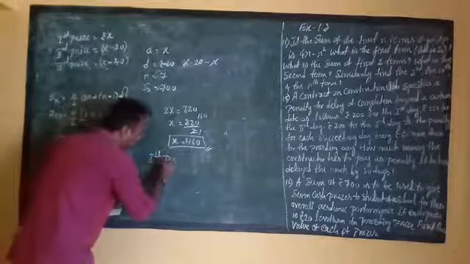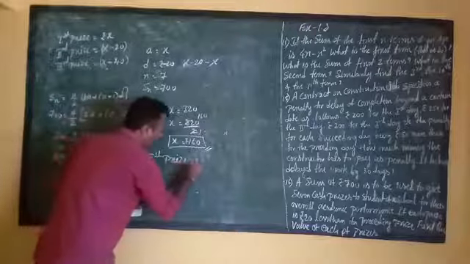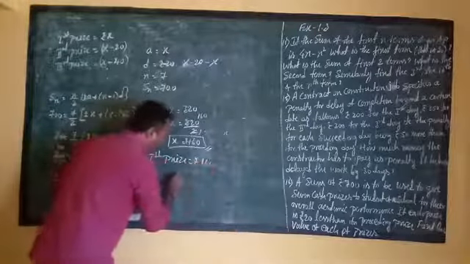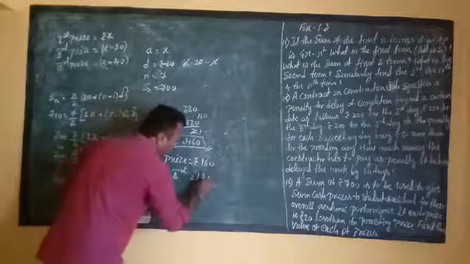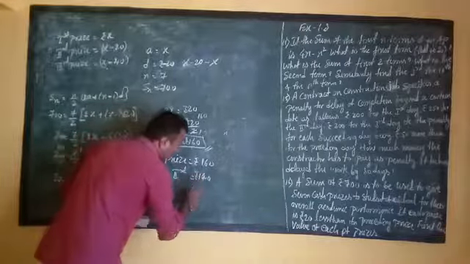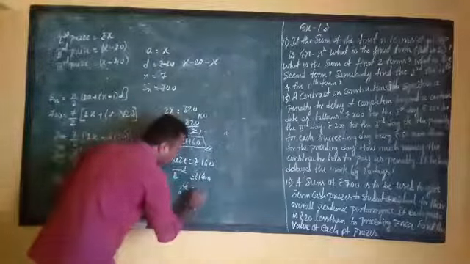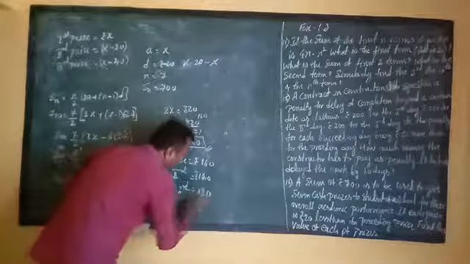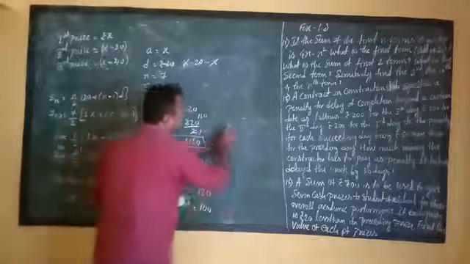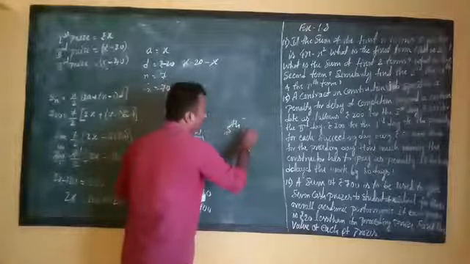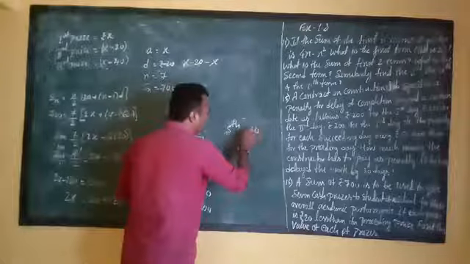First prize is 160. Second prize, how much? Less than 20, therefore 140. Like that. Third prize 120. Fourth prize 100. Fifth prize 80.